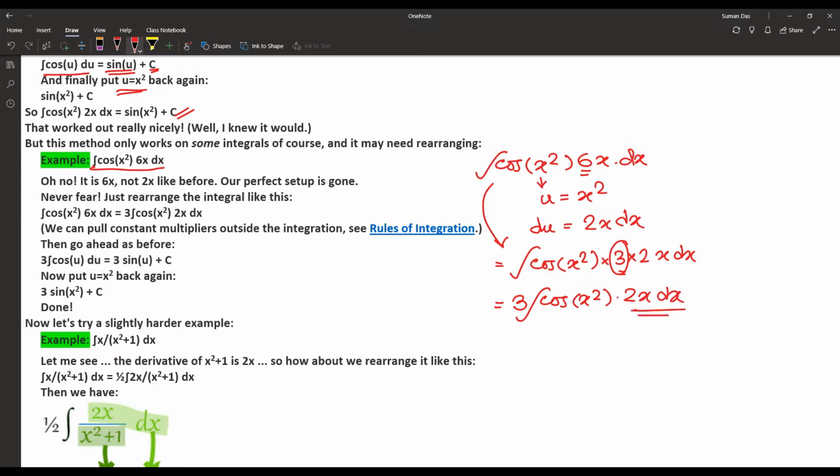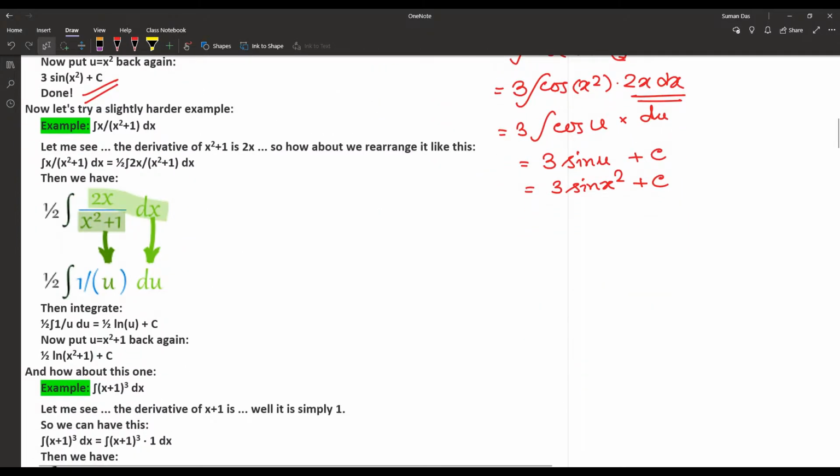So here 2x dx becomes du, and we have cos u. The final result is 3 into sin u plus c, or we may write it as 3 sin of x square plus c, putting x square in place of u. So here is the answer.